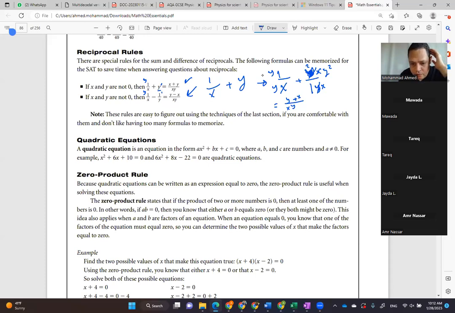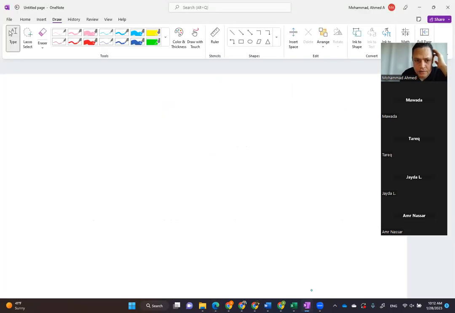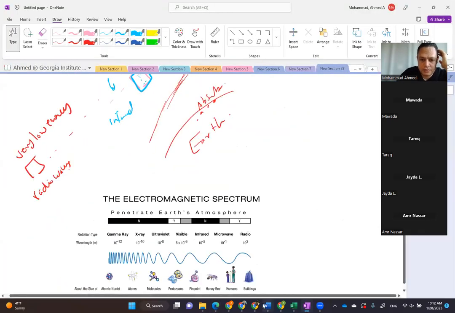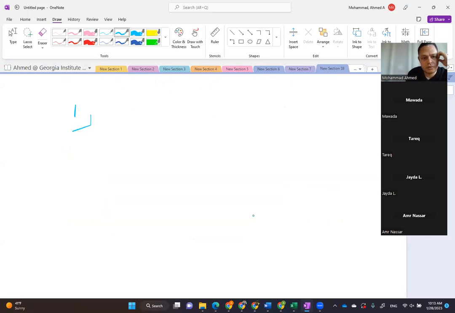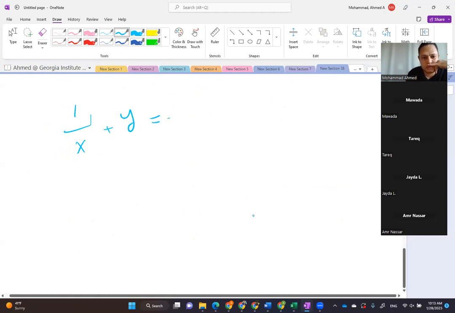You see my OneNote file? I need to make this very clear to you. Okay, 1 over x plus 1 over y. This is the same as 1 over x plus y over 1. So if I multiply the first one by y, so y divided by xy, the same as 1 over x.